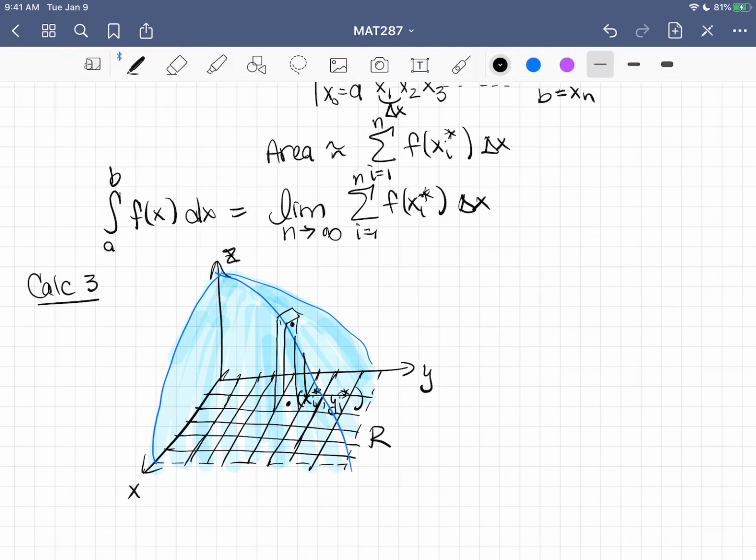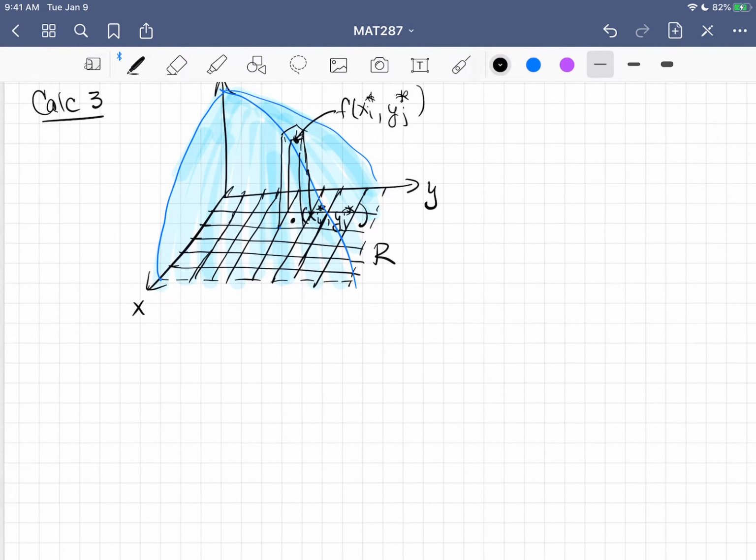Okay, so that's not a great picture, but hopefully you get the idea. And so I'm going to create a bunch of these prisms and calculate their volume. And if I add them up, just like we did in Calc 1, that should estimate the volume under this surface. Okay, and so that's the idea when we're looking at double integrals.